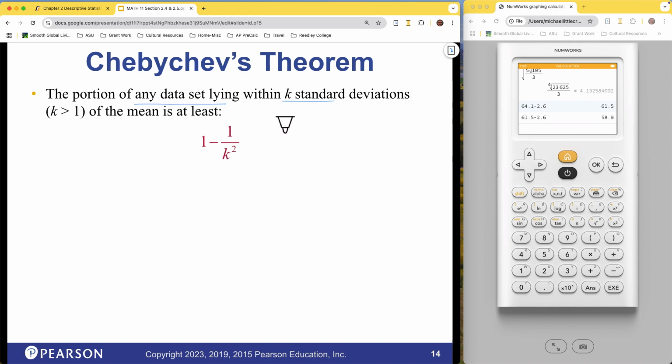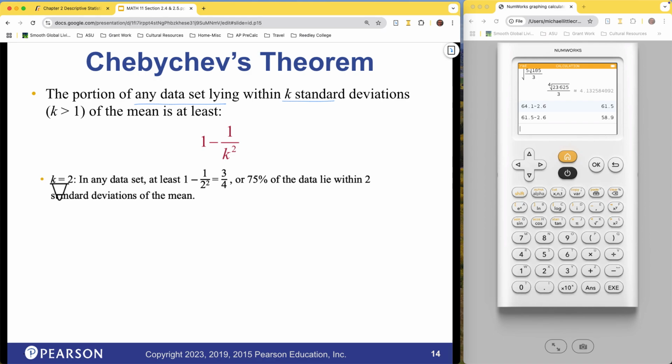So how do we do that? If k is 2, so that would be, here's our mean, 2 above to 2 below, standard deviations. It says that regardless of what the distribution looks like, whether it's bell-shaped or not bell-shaped or skewed, whichever, there will be at least 1 minus 1 over 2 squared.